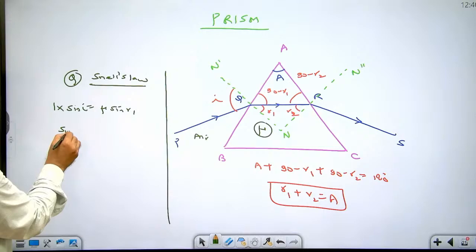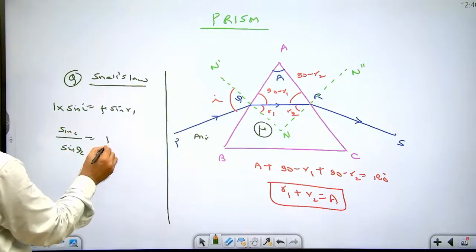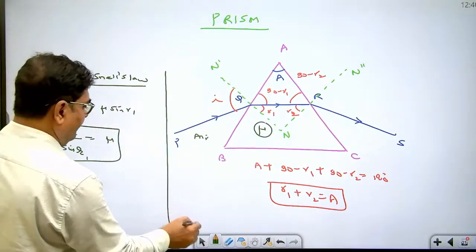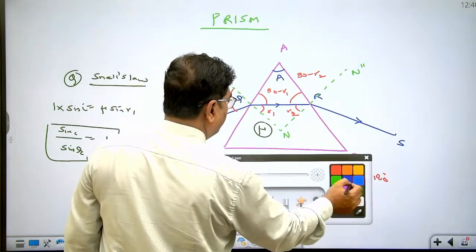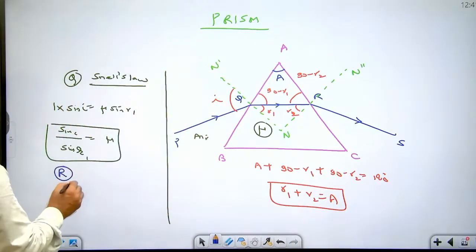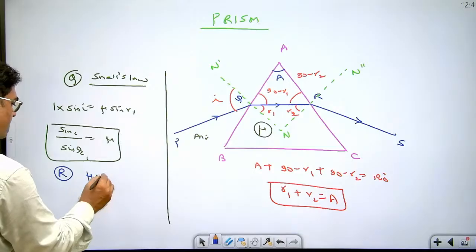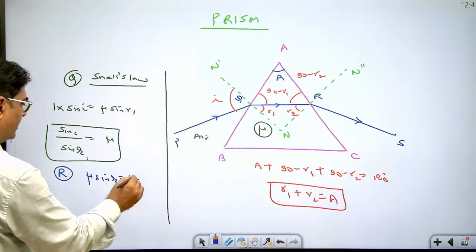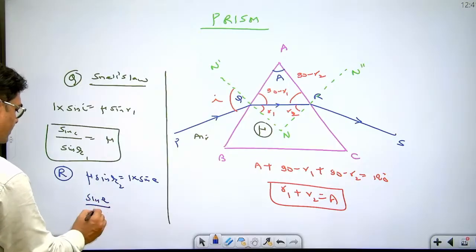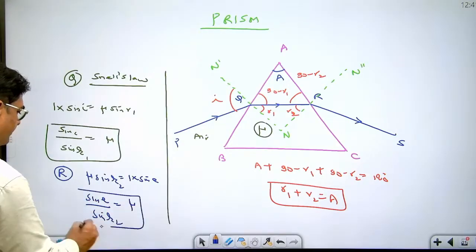So sin I upon sin R1 equal to mu. In a very similar way, if we apply Snell's law at point R, we get mu into sin R2 equal to 1 into sin E. So we get sin E upon sin R2 equal to mu.